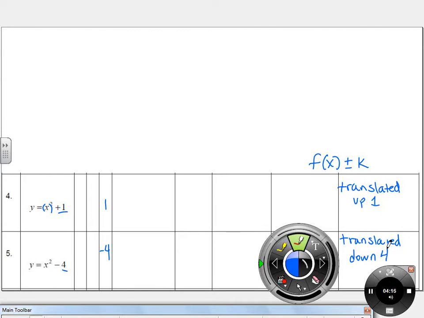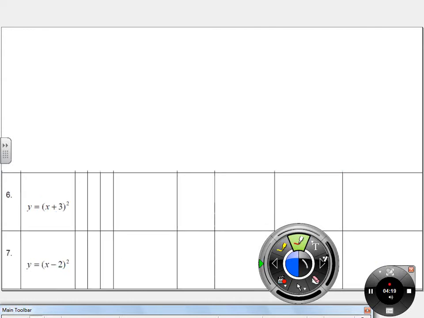Okay? All right, so in 6 and 7, there was still stuff being added and subtracted, but what kind of changes did you see in the graph here? Okay, good. So these were translations happening horizontally, and if you look back at your organizer, our notation looks like this, and notice it's still adding and subtracting a value, but this value happens now inside the parentheses.